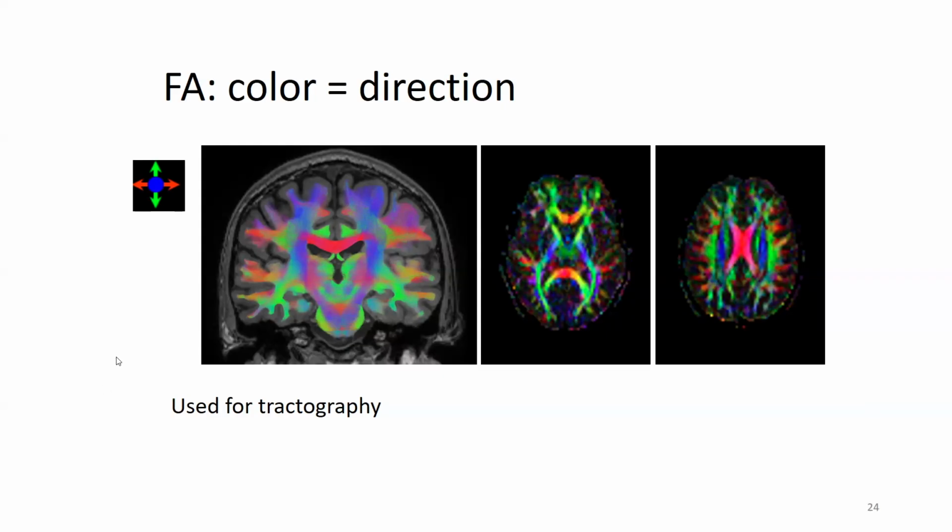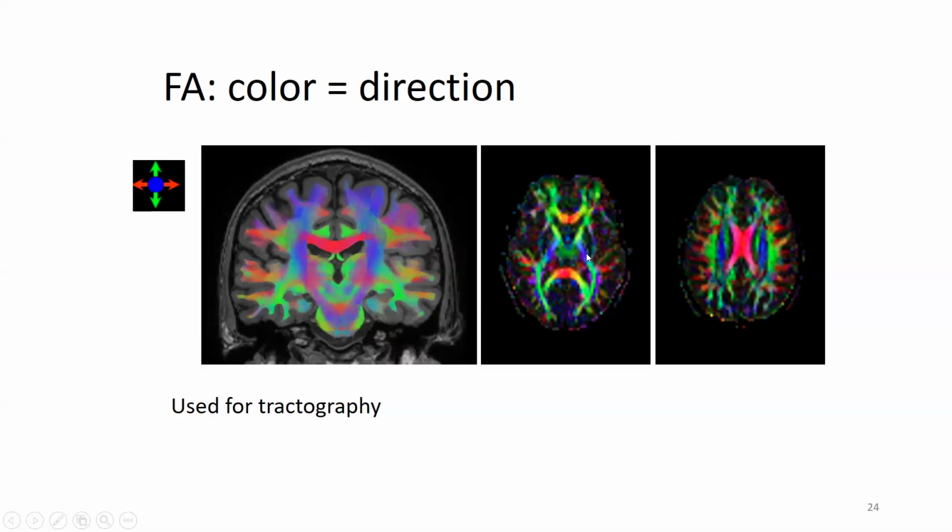And of course, you can also see a little bit of left-right in other areas, but the real big red area is here. Then we do have green, which in the actual slice is more from the anterior to the posterior, or from posterior to anterior. And you see green colors here.